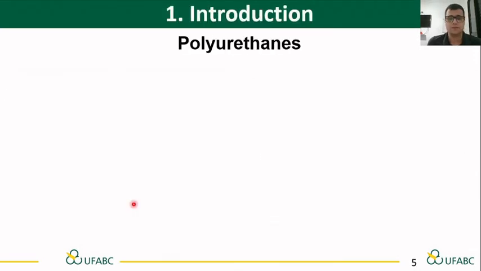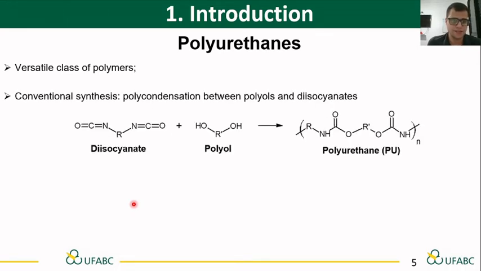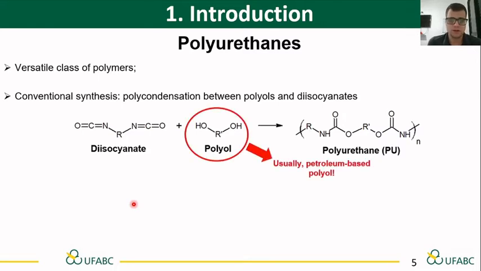Now let's talk about polyurethanes. Polyurethanes are a versatile class of polymers conventionally synthesized from polycondensation between polyols and diisocyanates. Usually the polyols employed are petroleum-based ones.